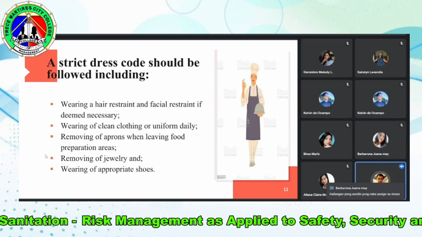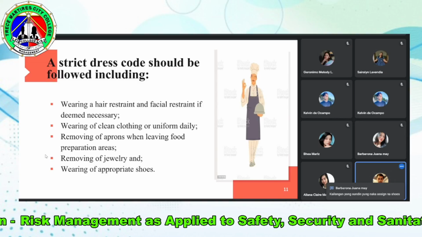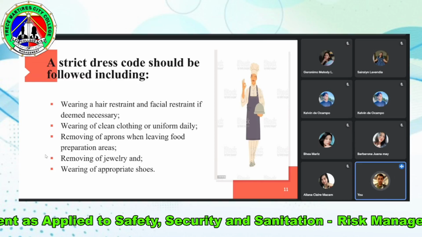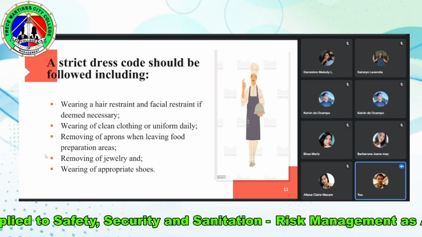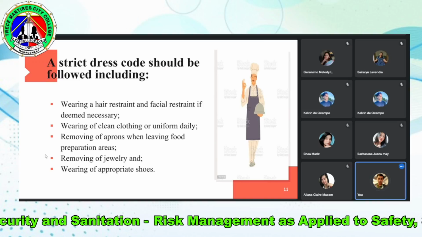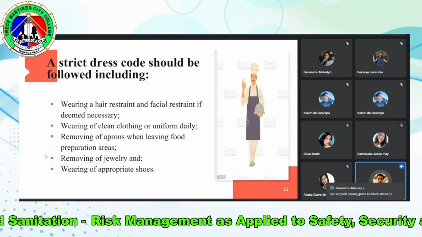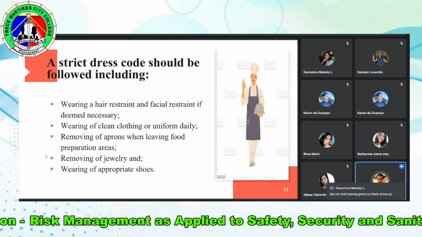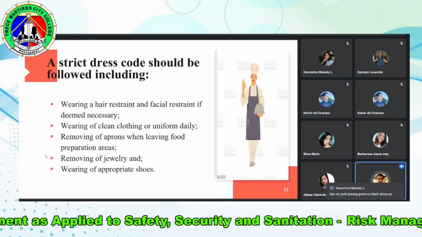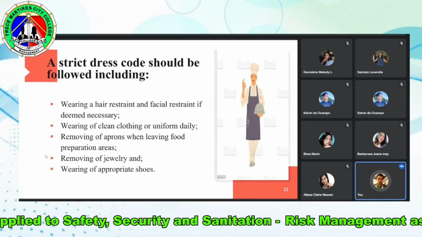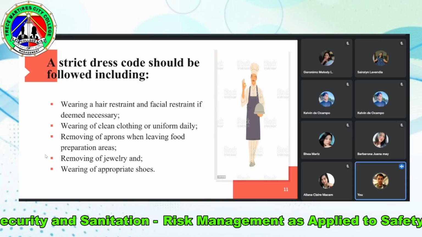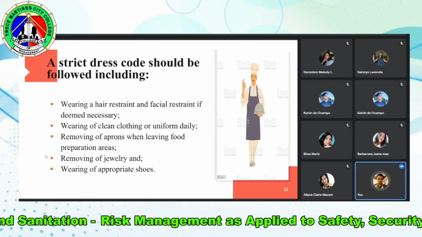Hindi siya rubber shoes, pero it's yung closed shoes na usually na nabibili natin sa mga shoe stores na pang kitchen talaga, no? Parang goma siya, pero hindi siya yung rubber shoes na pang sports, no? Okay ba yun? Okay? So, nire-require siya ng mga establishments para sa safety din natin.